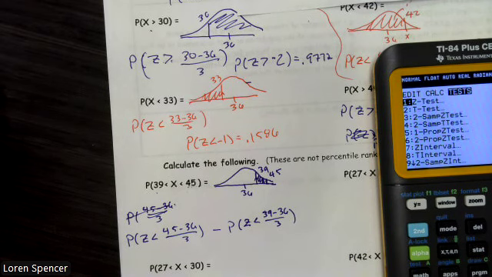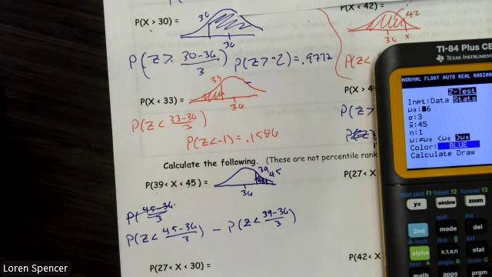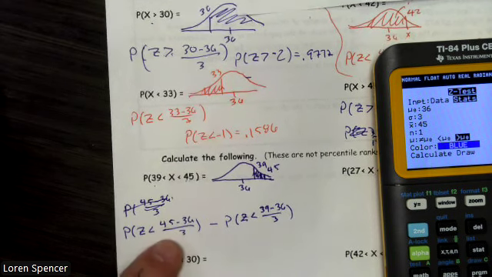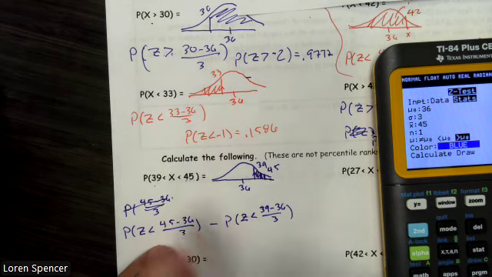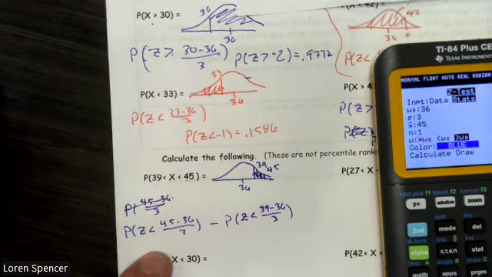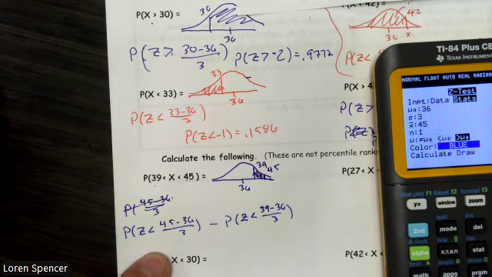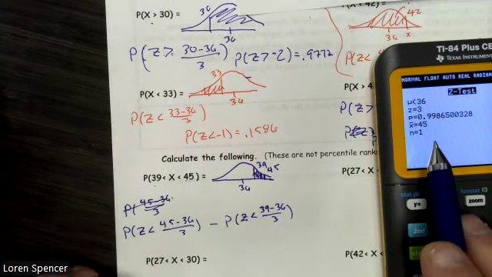Stat test, z-test. My upper z-score is 45. We have less than, and that's what's on the probability statement. So 0.9986.